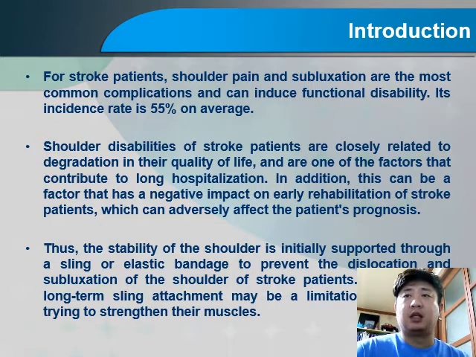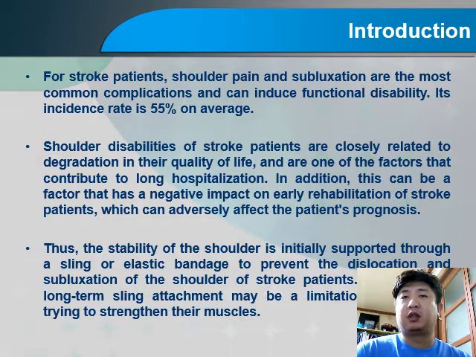Thus, the stability of the shoulder is initially supported through a sling or elastic bandage to prevent the dislocation and stabilize the shoulder of stroke patients.